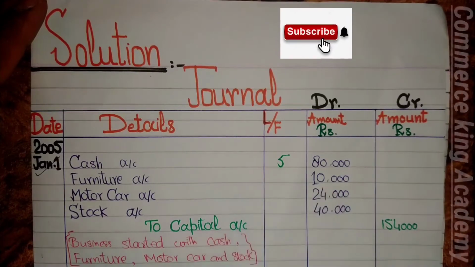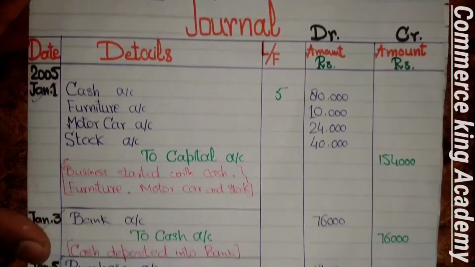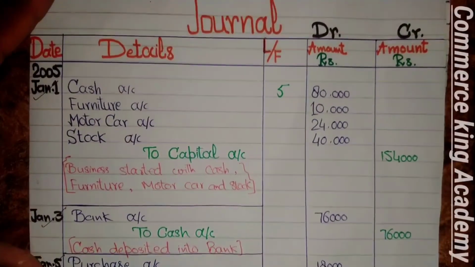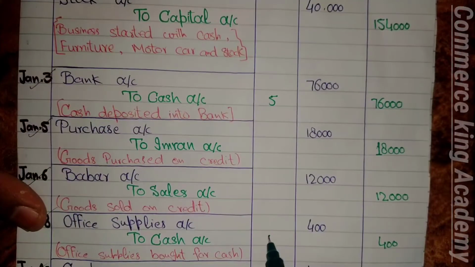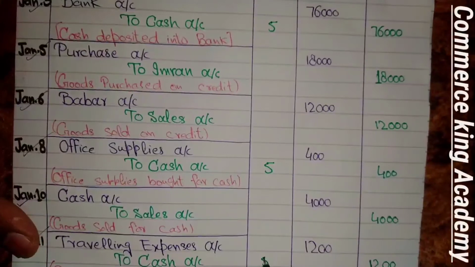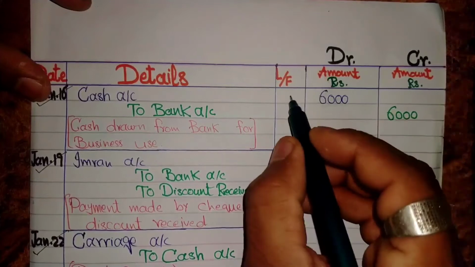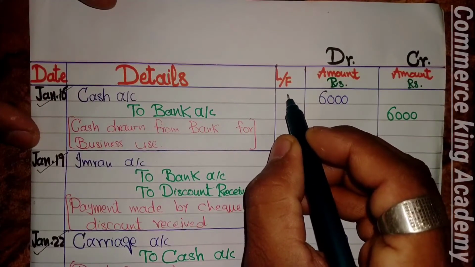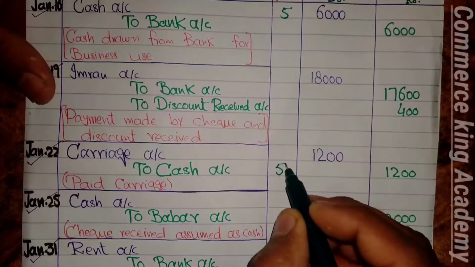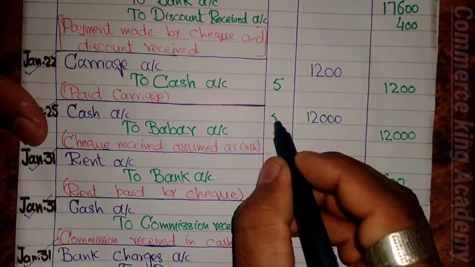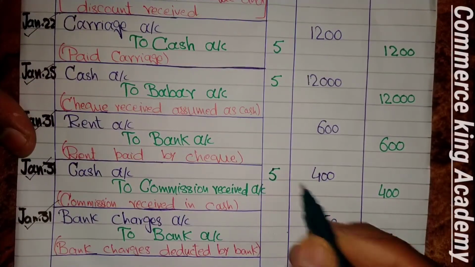Where cash account exists in the journal, we will write the cash account number ahead of this account, just like this, 5, and also 5. This is the ledger folio number of cash account. And next we have cash account here, give ledger folio number 5 to this, and also the last account number 5.